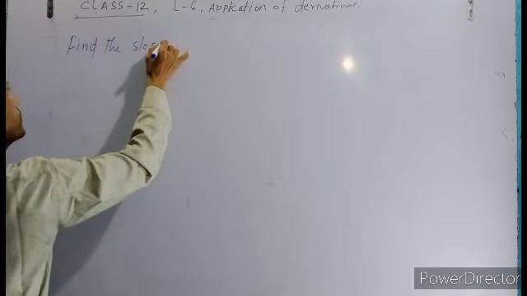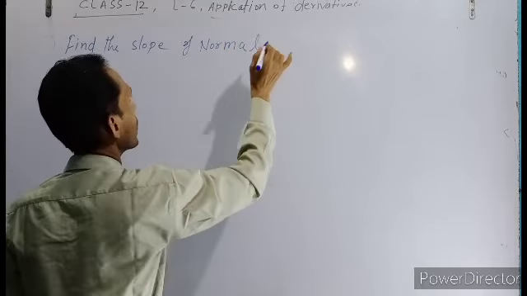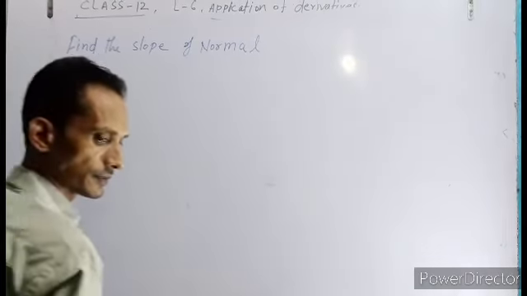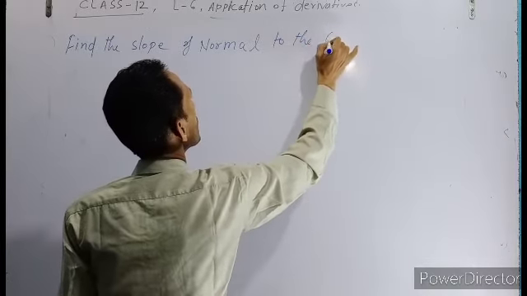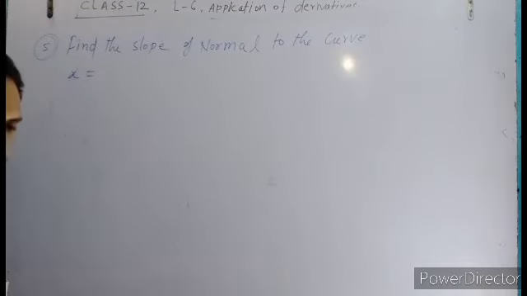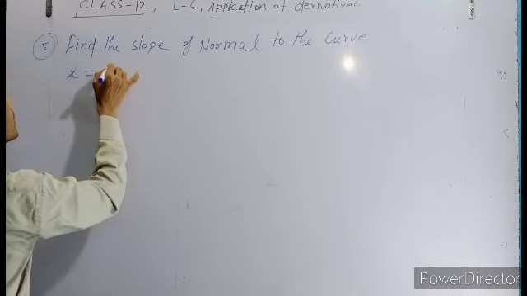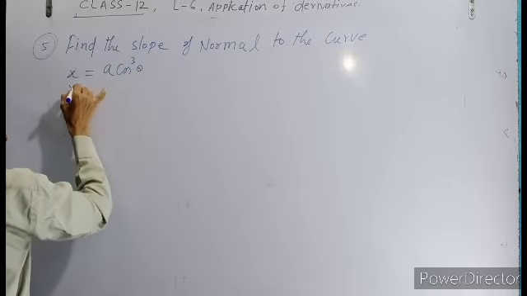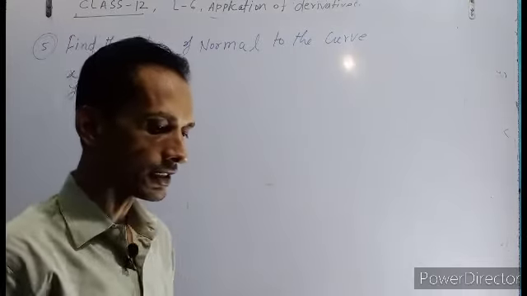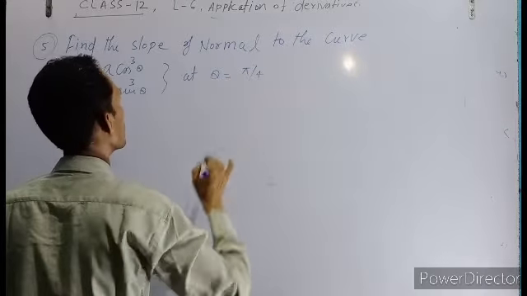Now we have to find the slope of the normal to the curve x equal to a cos cube theta and y equal to a sin cube theta at theta equal to pi by 4. How can you find the normal?